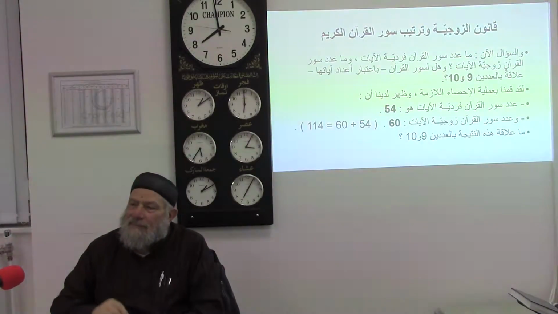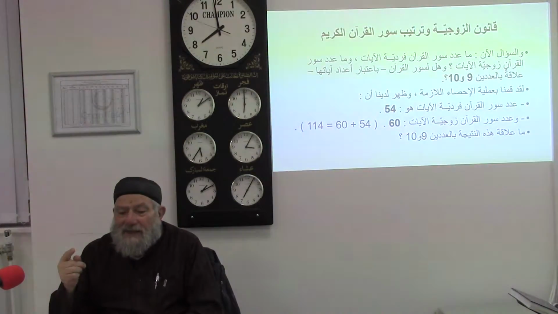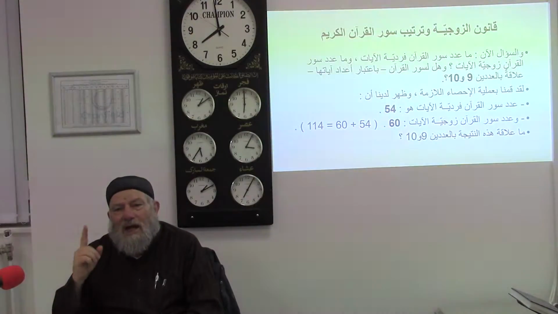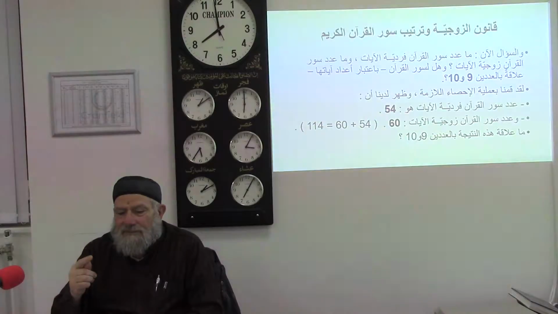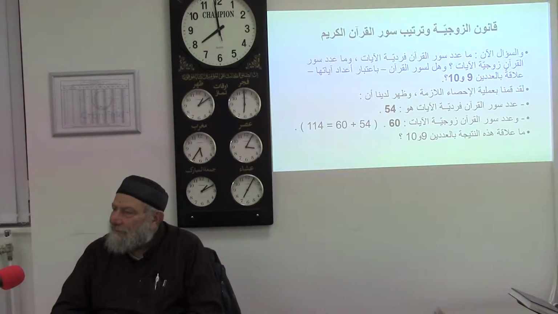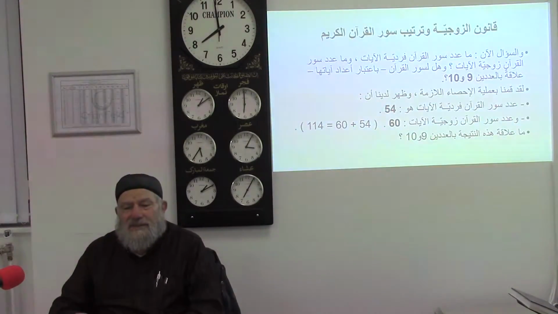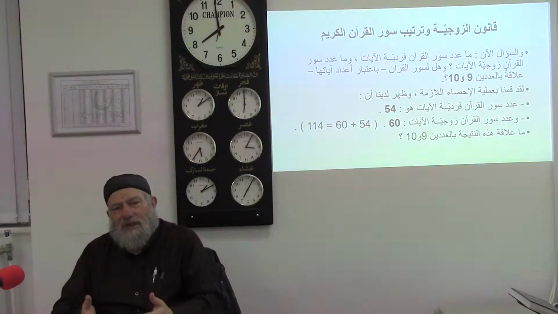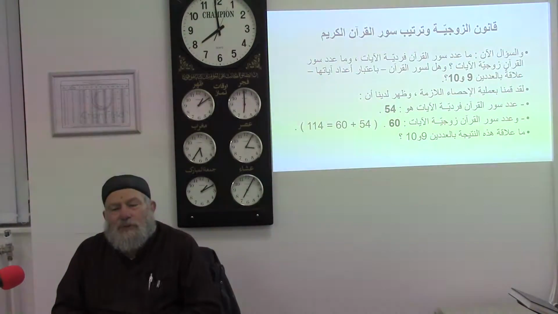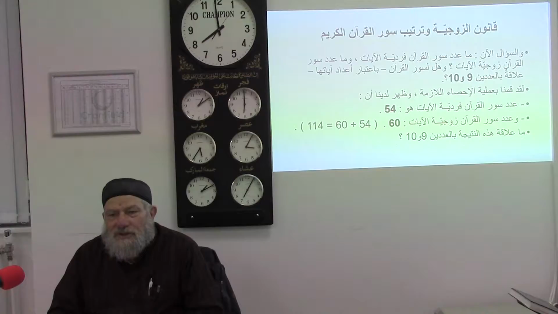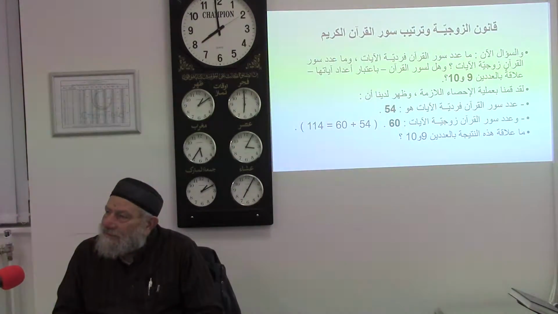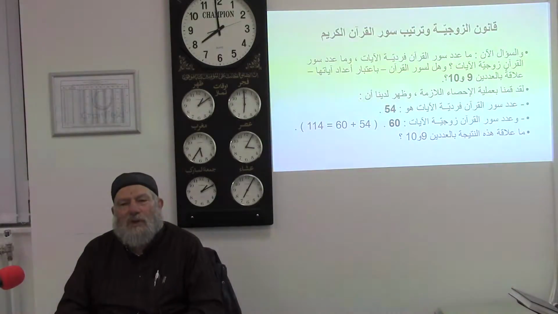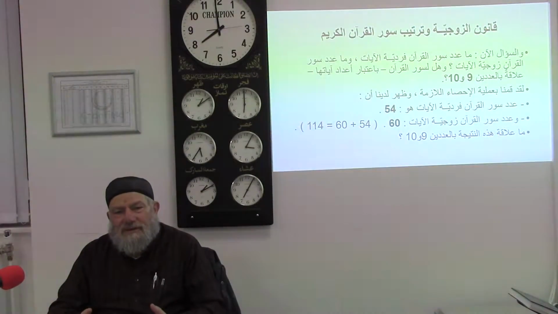So here we see that the surahs which have an odd number of ayahs are 54, which means 6 times 9. And if we look at the surahs which have an even number of ayahs, we'll find 60, which means what? 6 times 10.